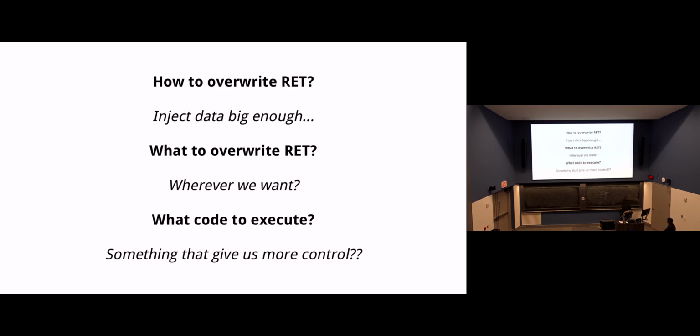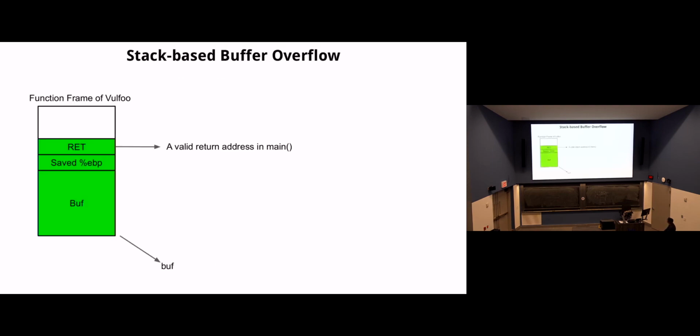Then, what do we overwrite the return address with? If we return to some random address, then the CPU will jump to some random address and crash the program. We do not get what we want. So we want to return it to something like a print flag or our own code, okay?